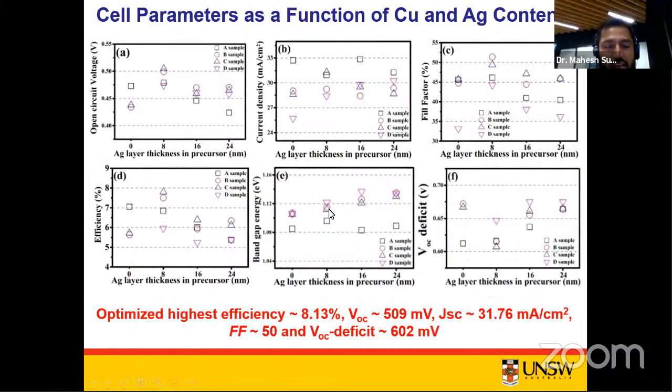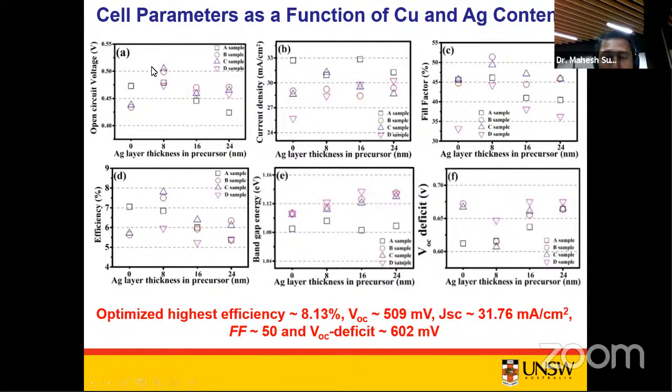So we fabricated the thin film solar cell devices using the device fabrication line that I showed in my earlier slide. And these are the cell parameters of this silver-substituted CZTSSe thin film solar cell and also the bare CZTSSe thin film solar cell.